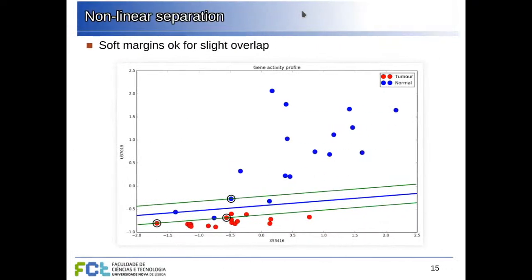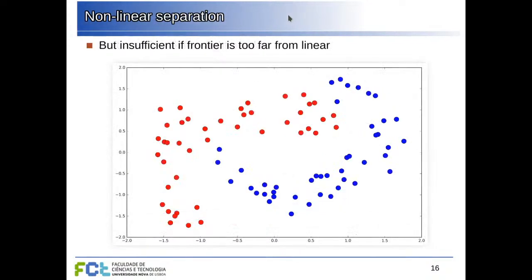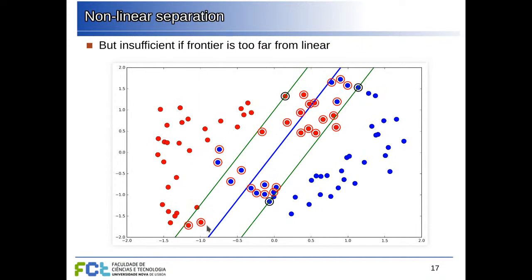However, using this is maybe good for this kind of examples where we have only a small problem with the overlap there, but it's not good if we have something that is very far from linear. So we can use soft margins here, but then we still have a linear classifier that just tries to make the best of a bad situation and doesn't get a very good classification.